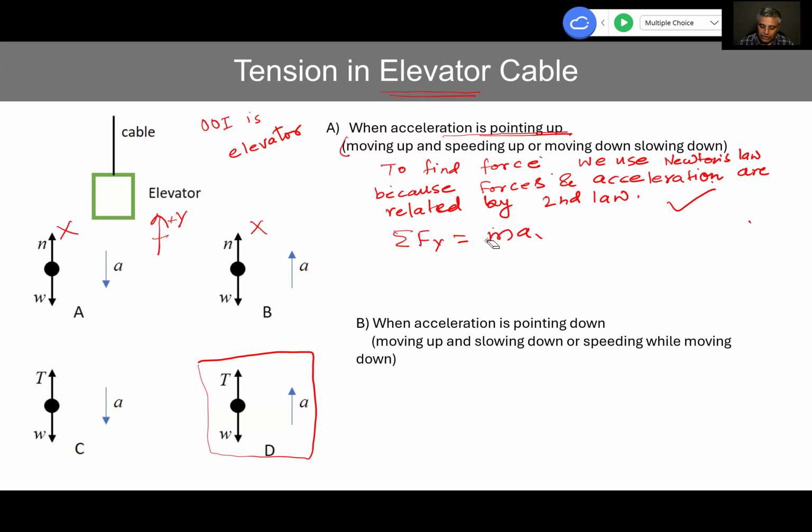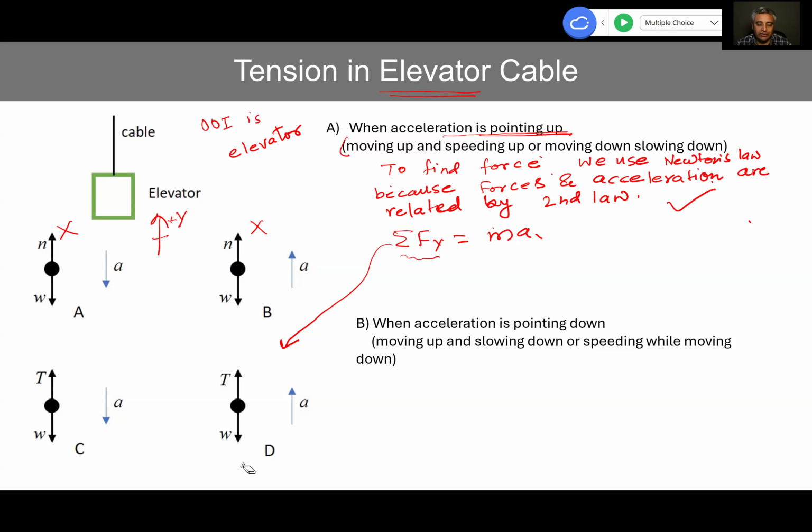Now, once I decide I'm using this, I look at the equation while reading it: sum of the forces along the y direction. That means the vertical direction here. I need to add all forces acting in the vertical direction. So how many forces are acting in the vertical direction?